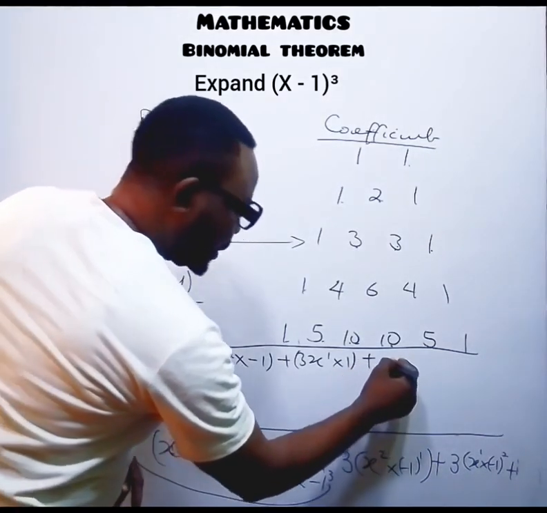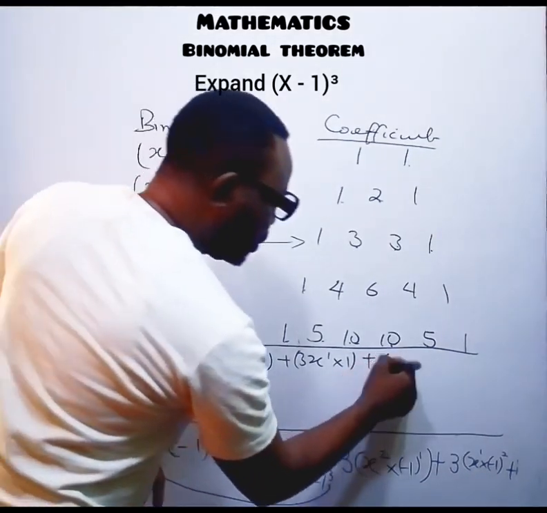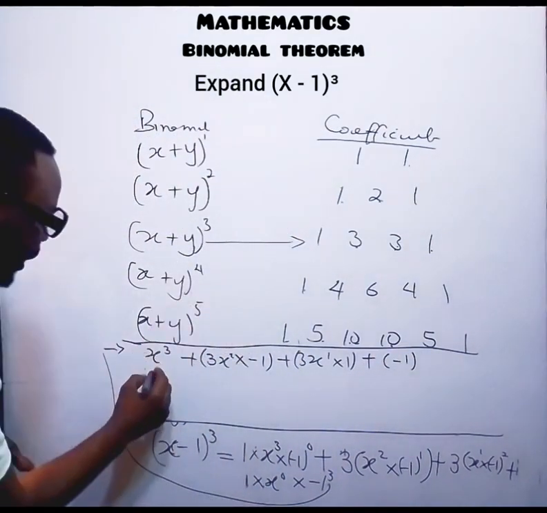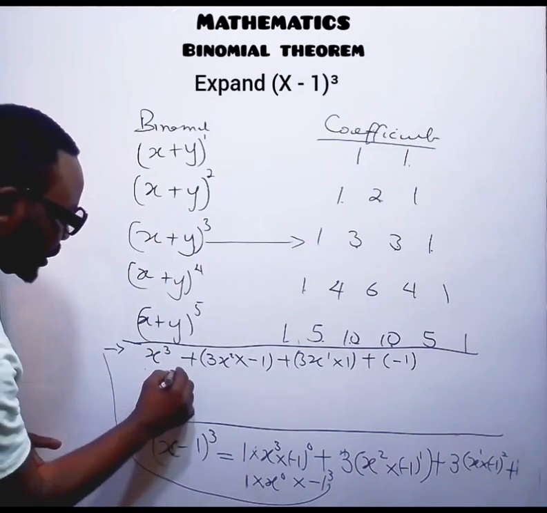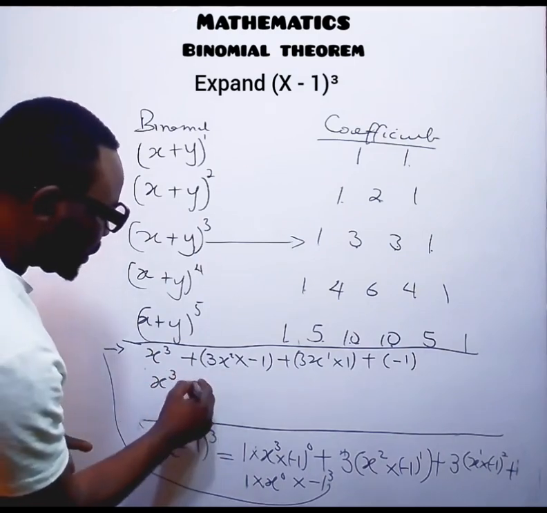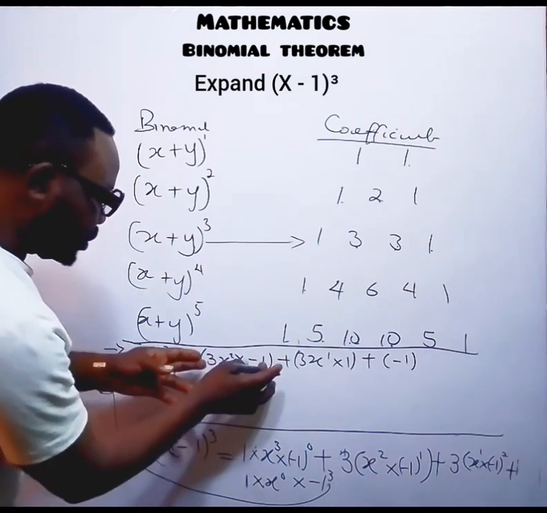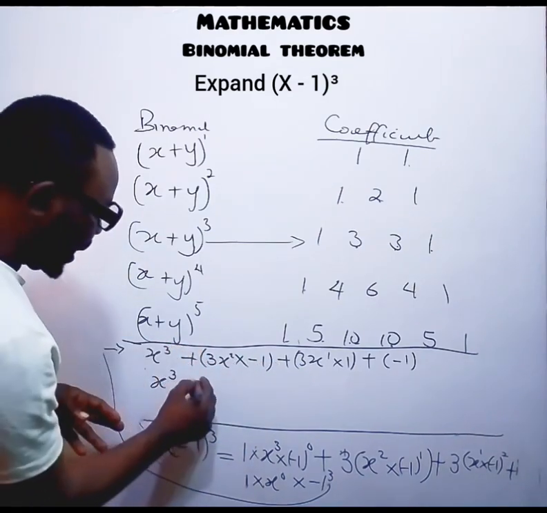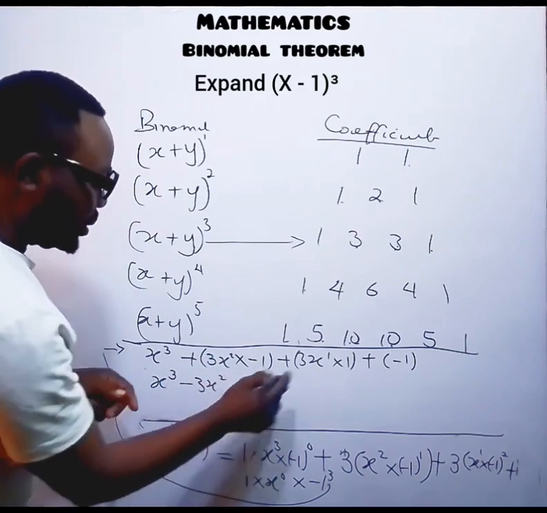Then we now say minus 1 raised to the power of 3, that will be equal to what? Minus 1. So, solving it further, we're going to have x raised to the power of 3 plus, times minus, minus 1 times 3x squared, that will be minus 3x squared, times plus, that will be what? Minus 3x squared.